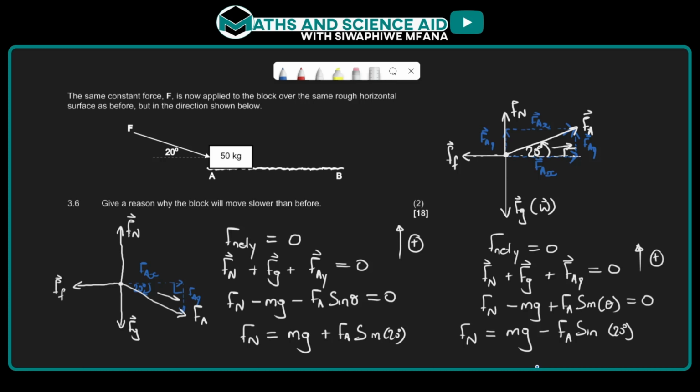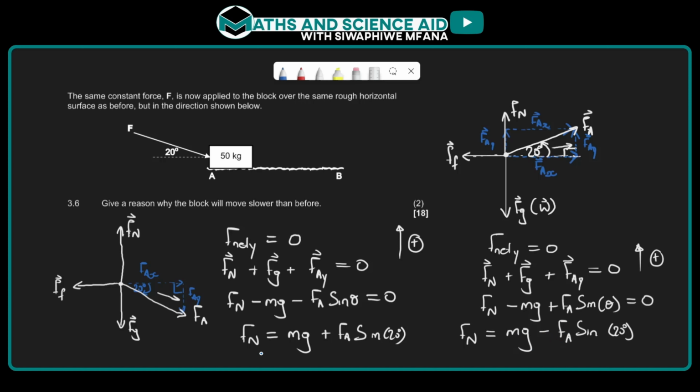So if we compare these two, you will notice that the normal force was given by mg, which is the gravitational force, minus the y component of the applied force.